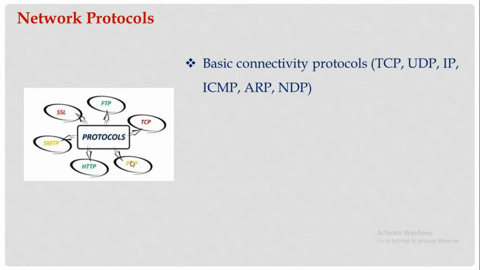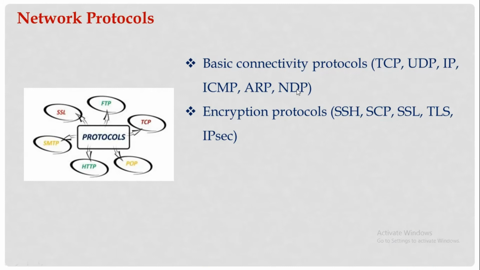For basic connectivity you can use TCP, UDP, IP, ICMP, ARP and NDP. And for encryption, that is, in order to transmit the data with encryption algorithms, we can use SSH, SCP, SSL, TLS and IPsec protocols.